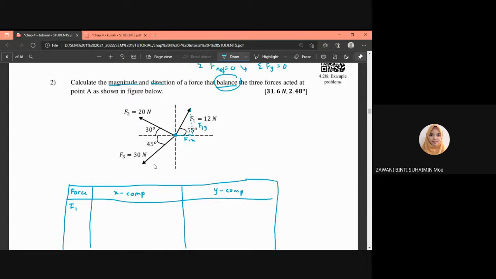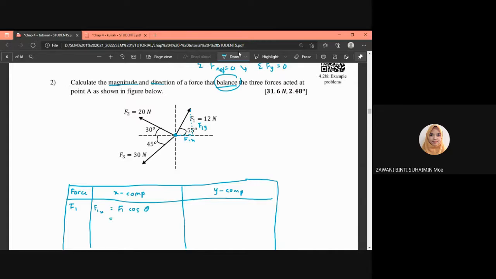Okay, so in X component kita akan gunakan cos lah kan. Okay, F1 cos theta. Okay, so kita akan gunakan F1 cos theta. So kita substitutekan dia. So F1 in X component is equal to F1 cos theta.